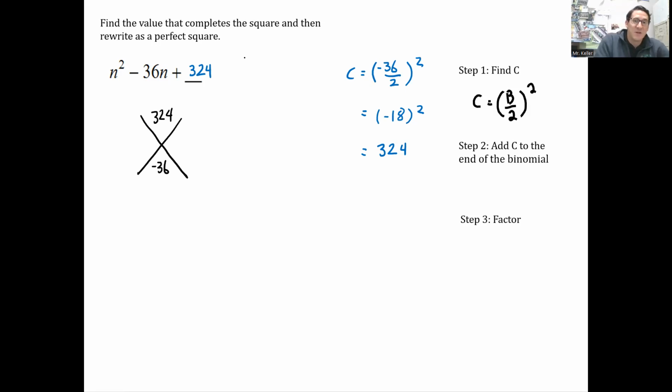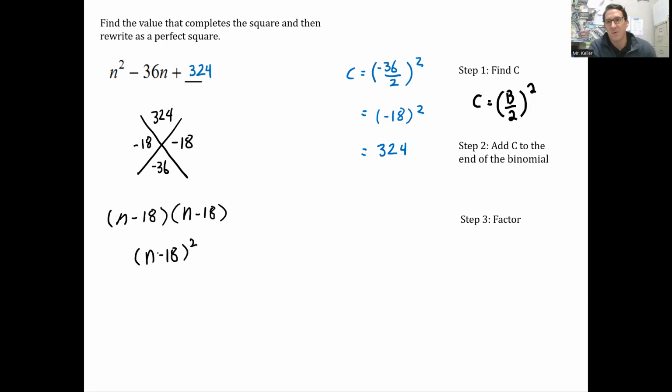This one might be tough, but it's going to be negative 18 and negative 18. So the factors are n minus 18 and n minus 18. Since it's the same factor, we squish those together, and that's n minus 18 squared. So this is the fully factored form.